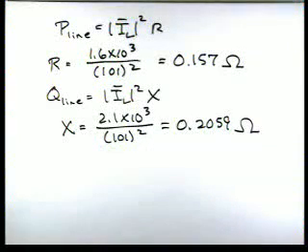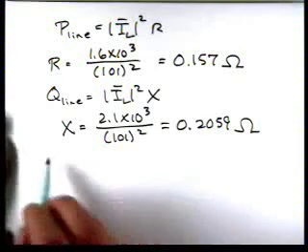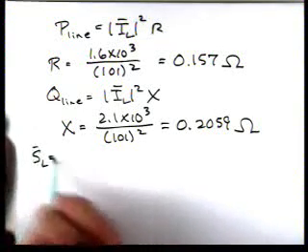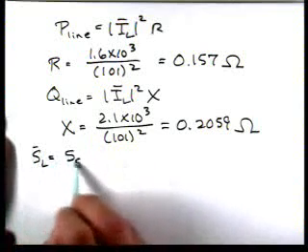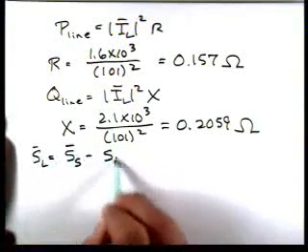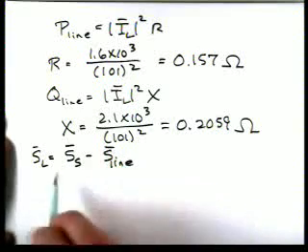Okay, so we calculated R and X, or we demonstrated now. The complex power for the load using Tellegen's theorem is the source complex power minus the complex power absorbed by the line.